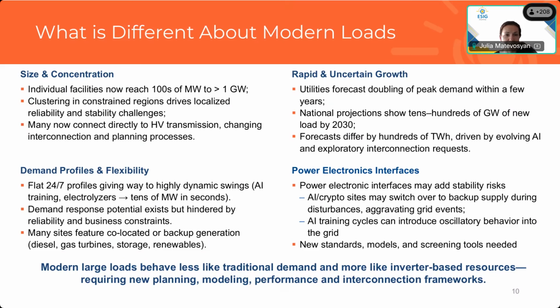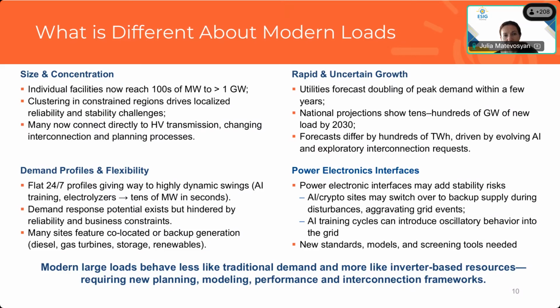Many sites feature co-located or backup generation, but again, there is no certainty yet of how this flexibility can or cannot be used. And these loads are power electronic interfaced, which may add stability risks because the AI data center sites may switch over to backup supply during system faults.